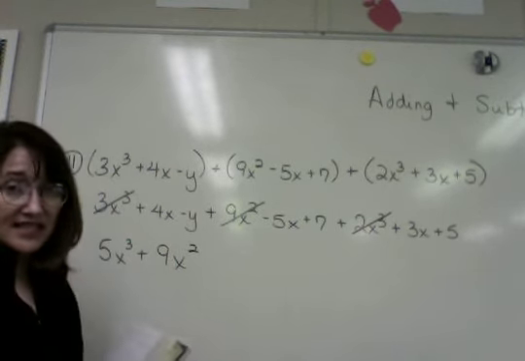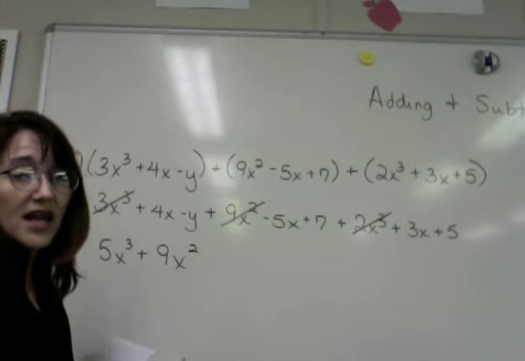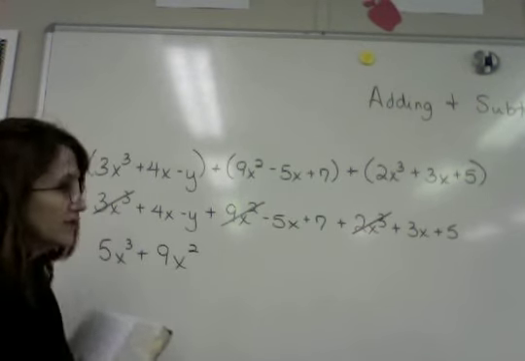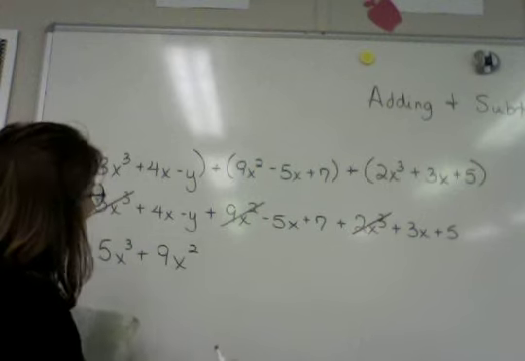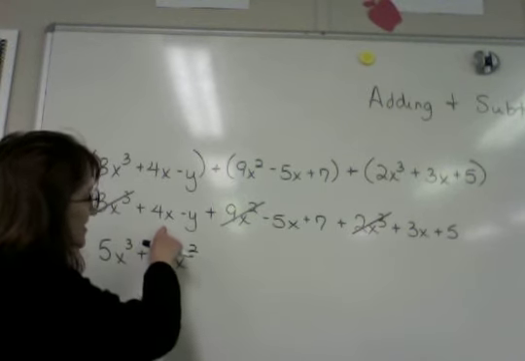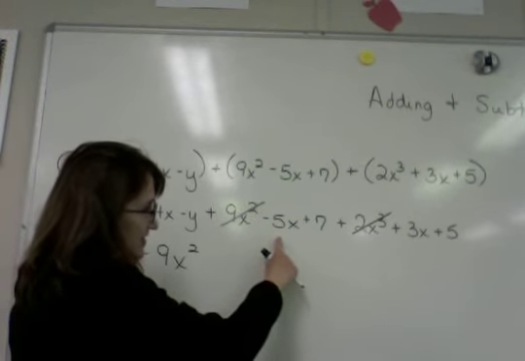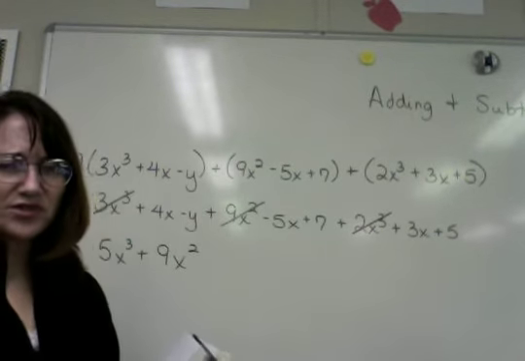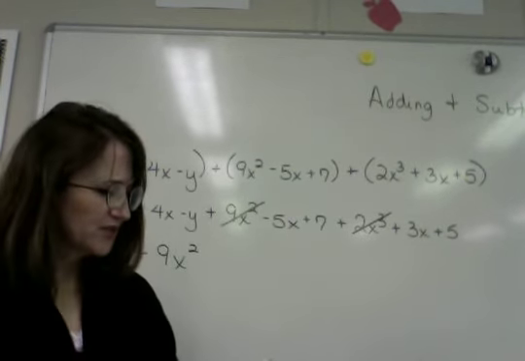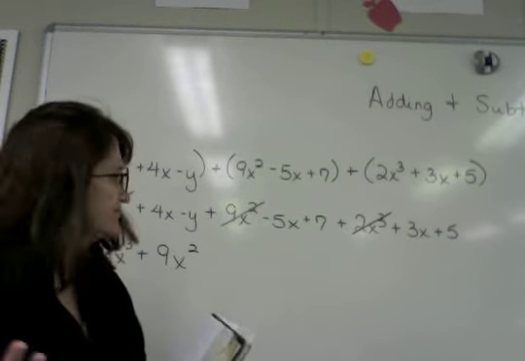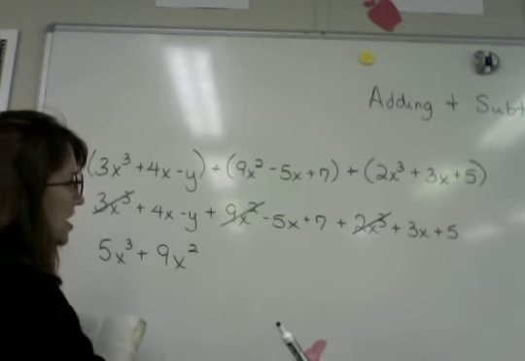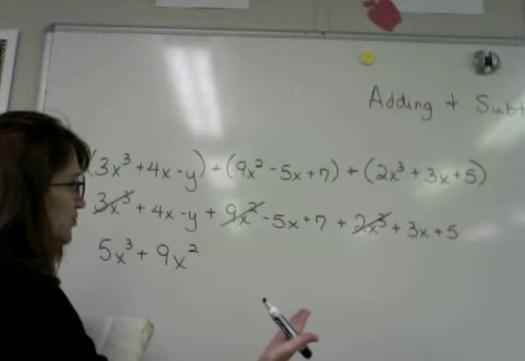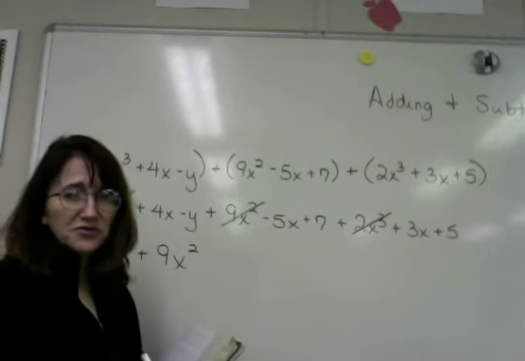The next thing, I still have x's left. It's x to the power of 1. I have a 4x, a negative 5x, and a 3x. Here's how you might want to think it through. I'll put my positive x's together because that's pretty easy.